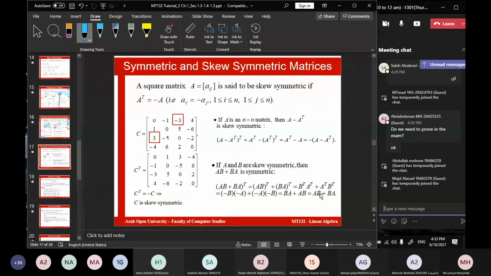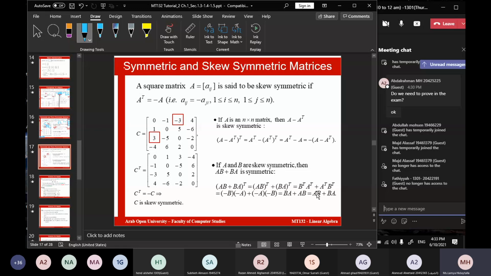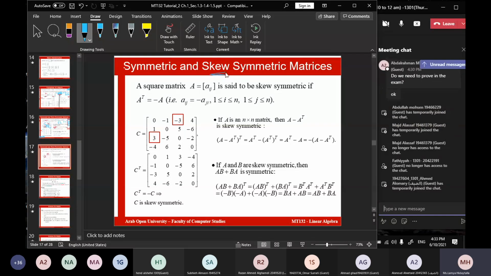Now we will define a new kind of matrices, which is the skew symmetric matrix. Skew symmetric, not only symmetric, but skew symmetric. What is the skew symmetric matrix? The skew symmetric matrix is the matrix when you find its transpose, طبعا it's not equal to A. لو كان equal to A هنقول it is symmetric.